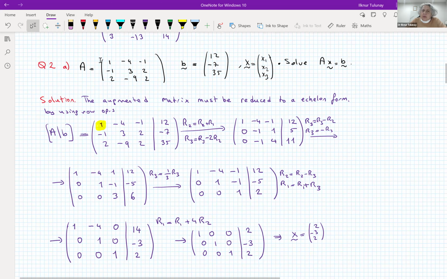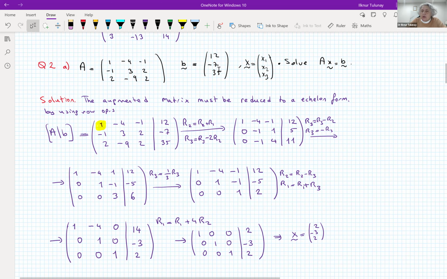With matrix multiplication, this row with this one, you have an equation basically: x1 minus 4x2 minus x3 is equal to 12. This is one equation. Another equation will be minus x1, 3x2, 2x3 is equal to minus 7.